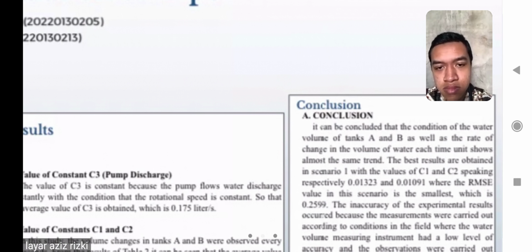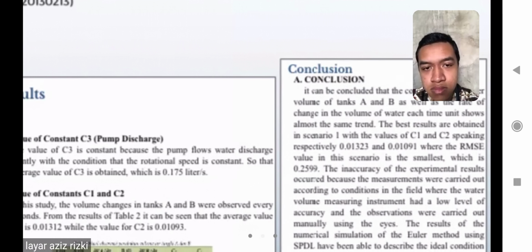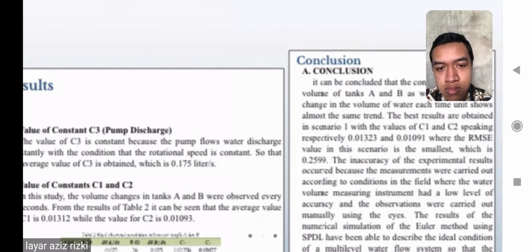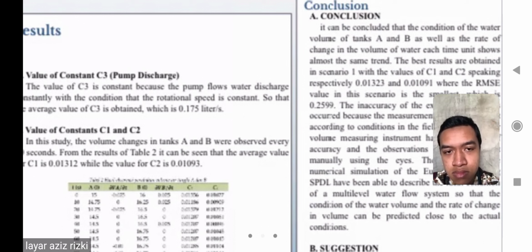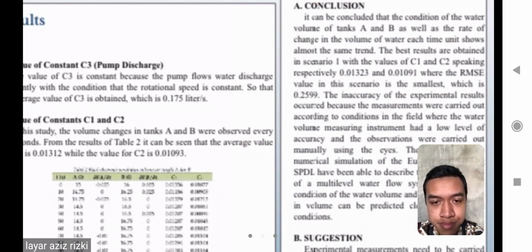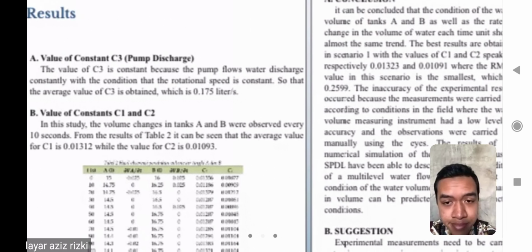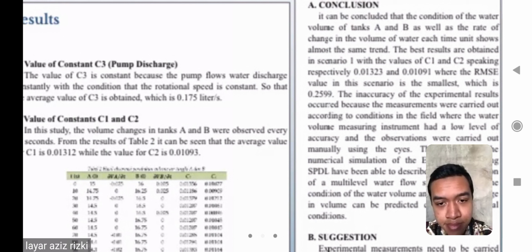And in the last part, the conclusion from this topic. It can be concluded that the condition of the water volume of tanks A and B, as well as the rate of change in the volume of water per unit time, show almost the same trend.